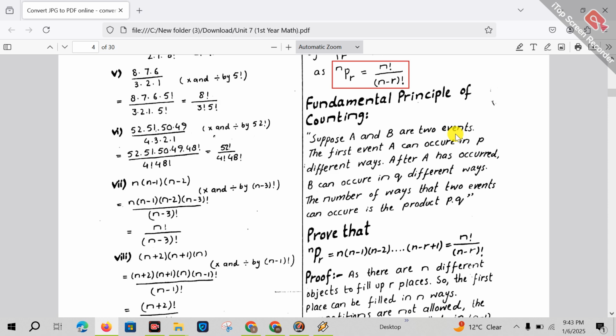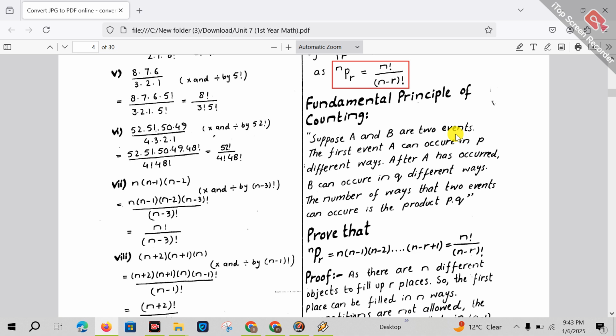So what are events? In terms of probability, suppose we have a coin, and when we toss it, either head comes or tail comes. So there are two possibilities when we toss a coin: one of them is head, and the other is tail. These head and tail are the outcomes of this experiment.